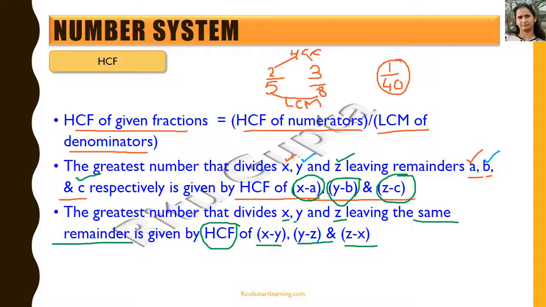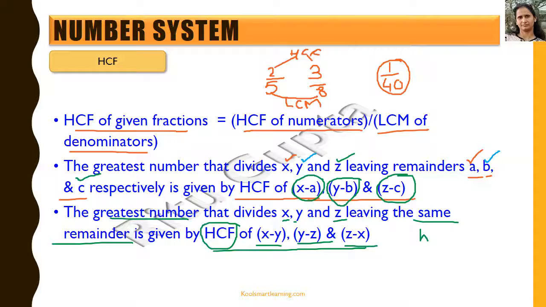So now let's see how we reach this formula, that this greatest number can be obtained by taking the HCF of these three. Let's assume this greatest number to be h.